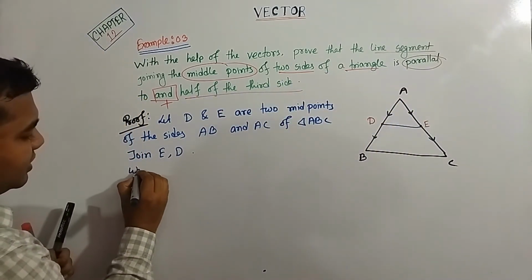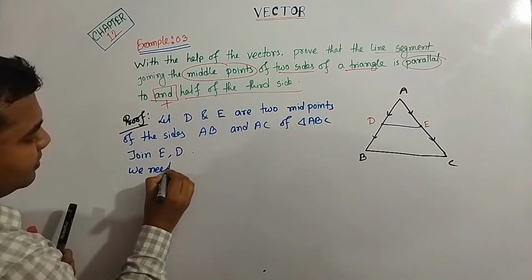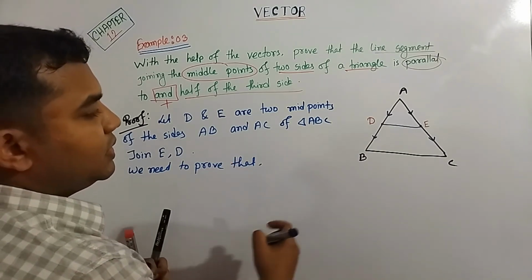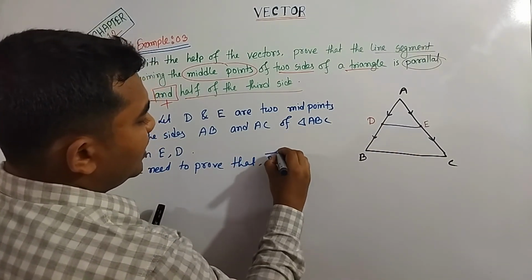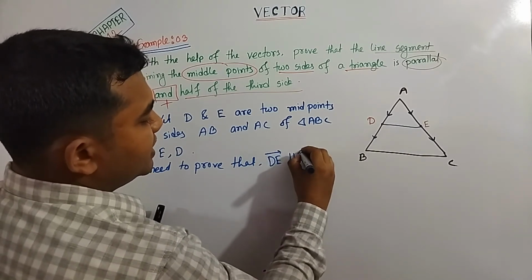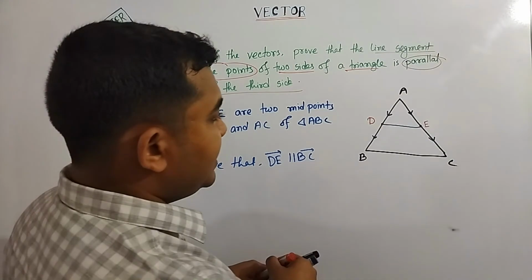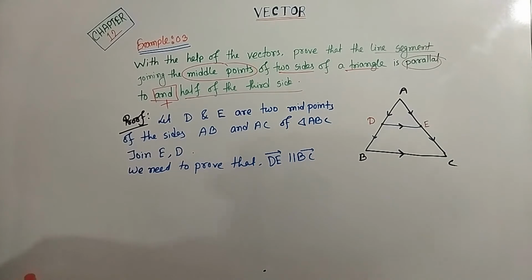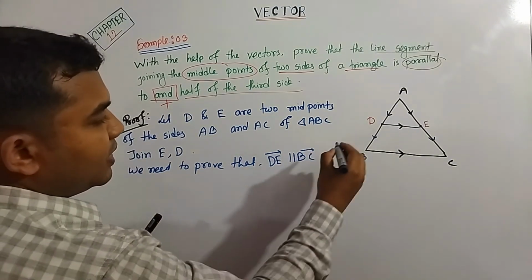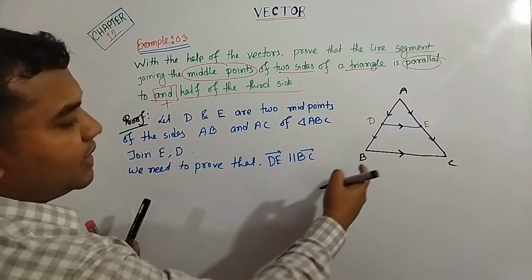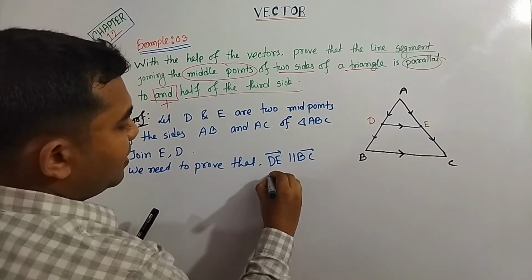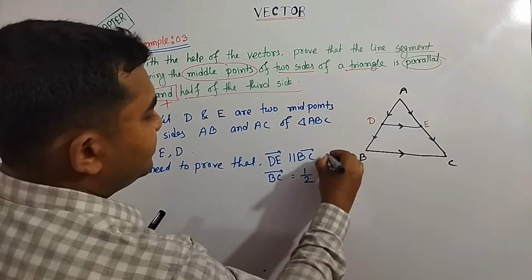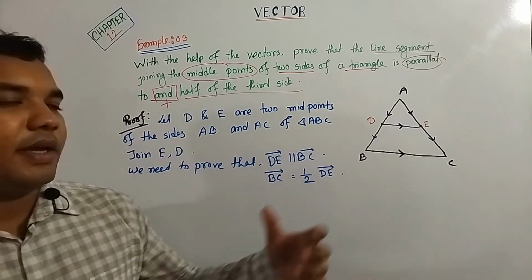So we need to prove that DE is parallel to BC, and another thing we need to prove is that DE will be half of the third side, so BC will be twice DE.